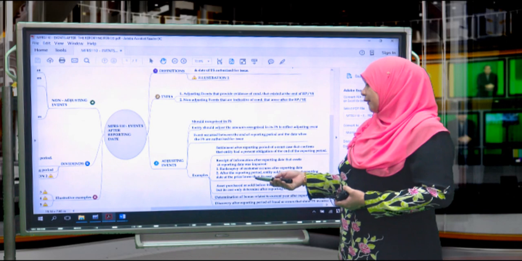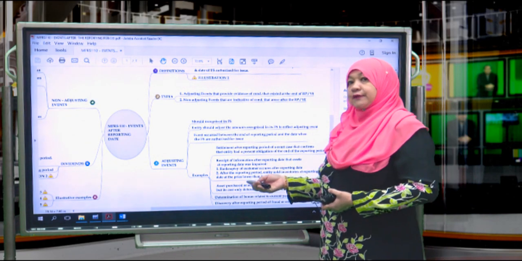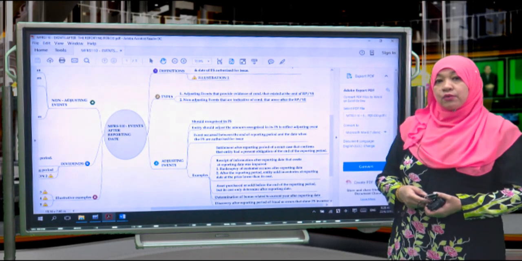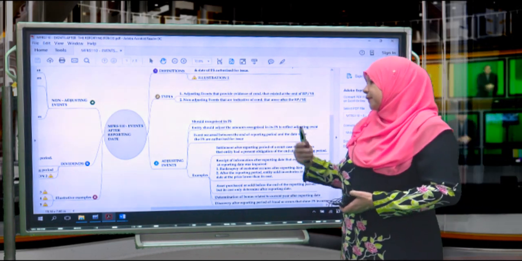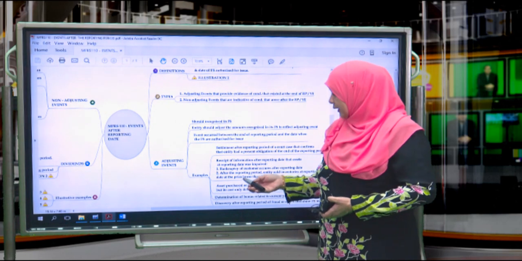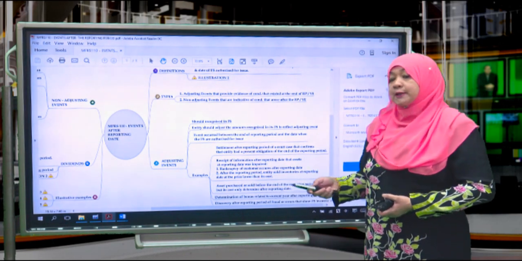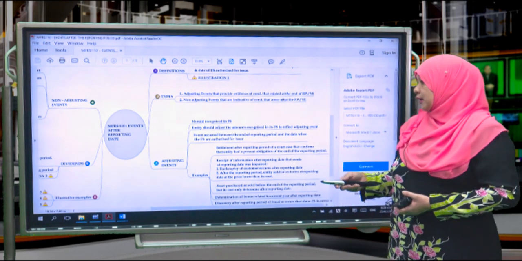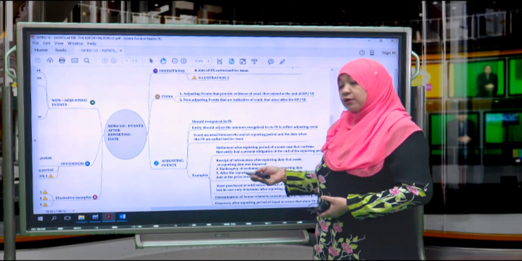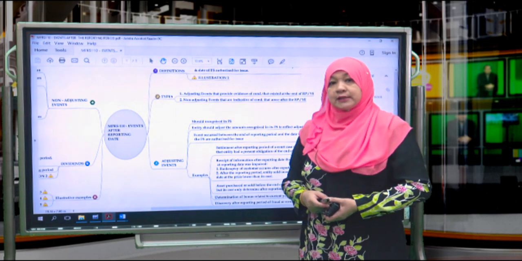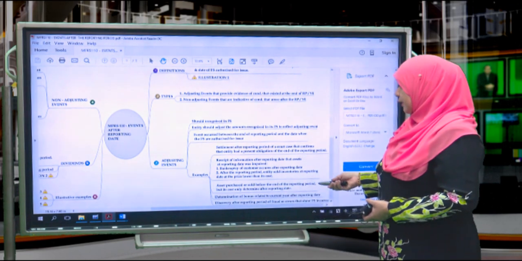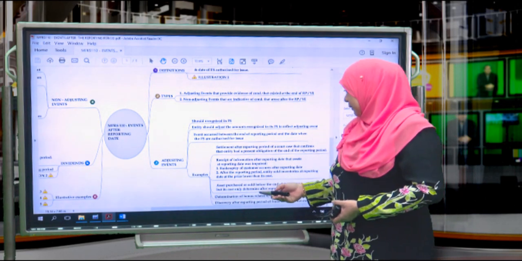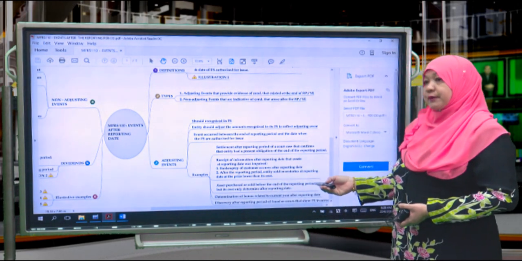Then after the financial year end, we find out that the entity sold the inventories lower than cost. Then the difference between the selling price and the cost recorded in the inventory should be adjusted as part of adjusting events.